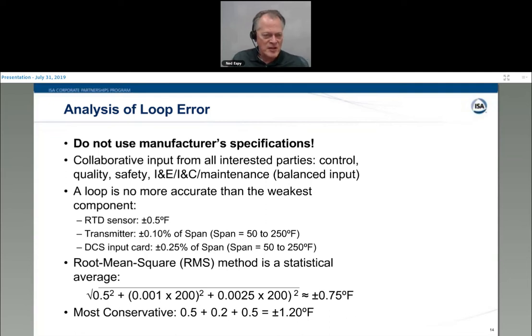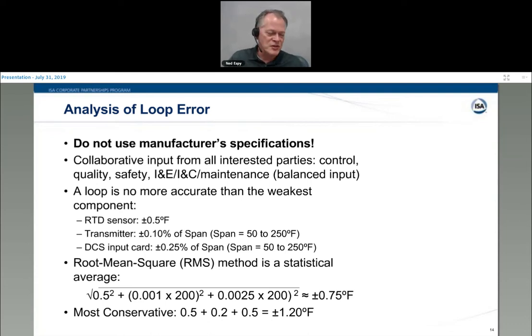Keep in mind, most manufacturers are stating sort of a pure accuracy. It doesn't consider long-term stability and other components of error, repeatability. Also, what is the reference standard the manufacturer uses to verify their equipment is another parameter that should be considered.